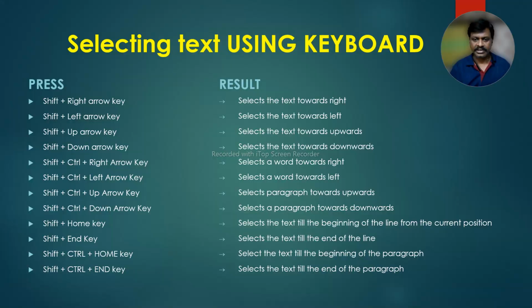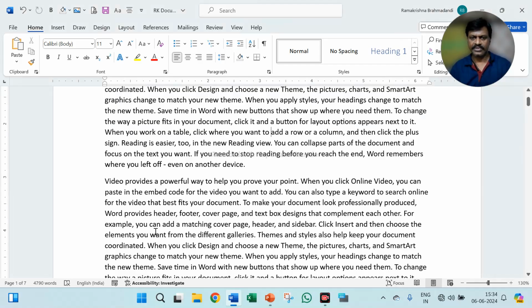So what next? Shift Home: press the Shift key and press the Home key, and it gets selected towards the beginning of the line. If you press Shift End, it will be selected towards the end of the line.